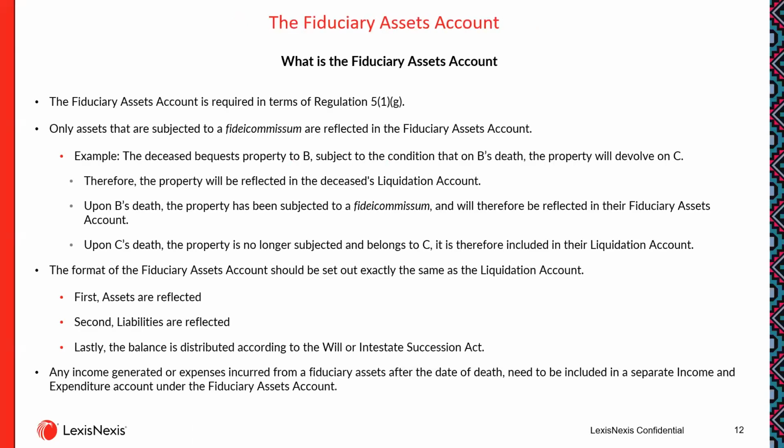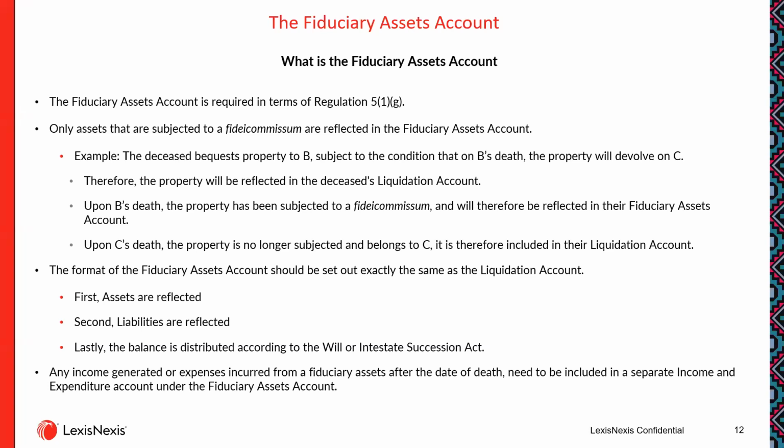Next, we can have a quick look at our fiduciary assets account. So again, similar to our income and expenditure account, our fiduciary assets account is a smaller liquidation and distribution account within our liquidation and distribution account.